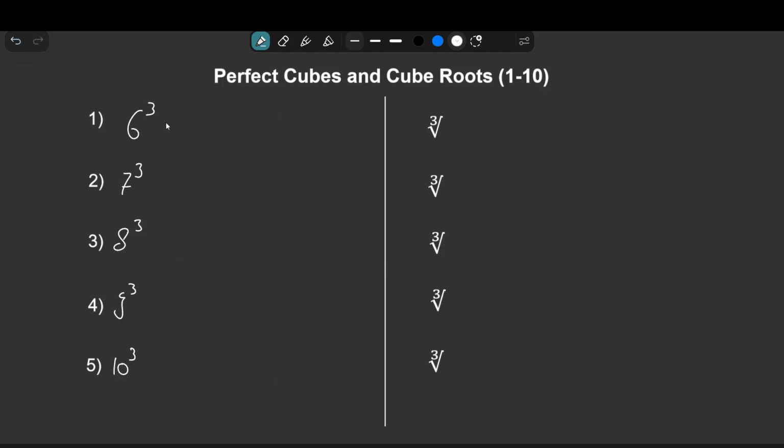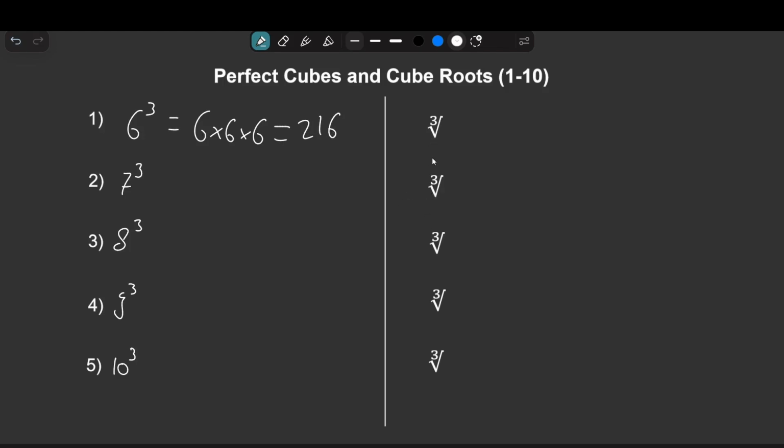So now we have 5 new perfect cubes and cube roots. So let's start off with the first one. Now 6 cubed, it's exactly the same thing as we did before. So it's 6 times 6 times 6, and that will equal 216.